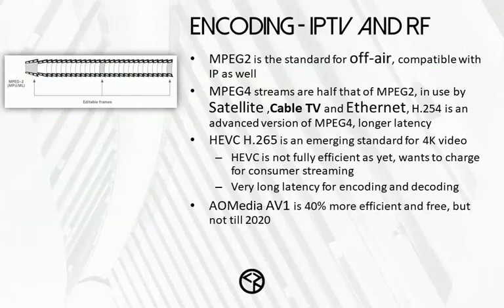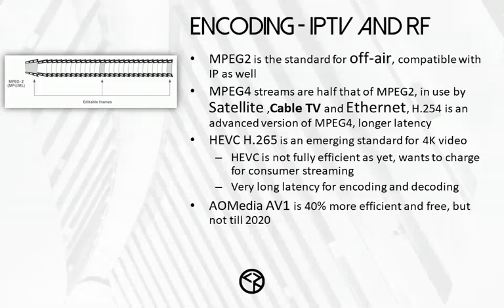When it comes to encoding standards for IPTV and RF distribution, there are 2 sets of standards for distribution. MPEG-2 has been out there the longest. It's still the standard for off-air channels, and it's also compatible for distribution in IP systems as well. MPEG-4 is the newer version of that, and it's been around for several years.